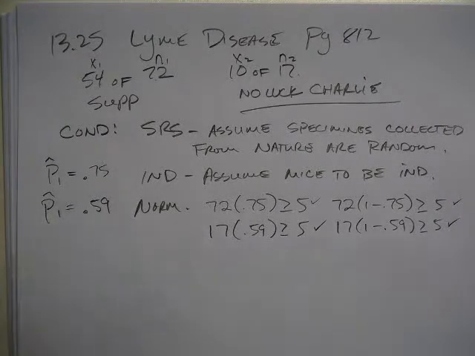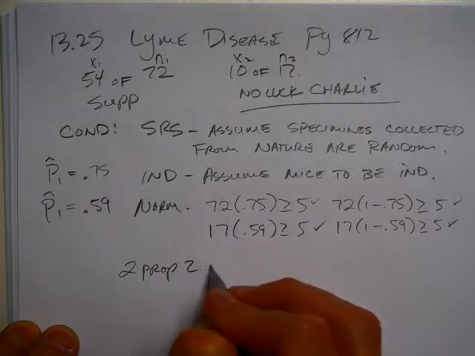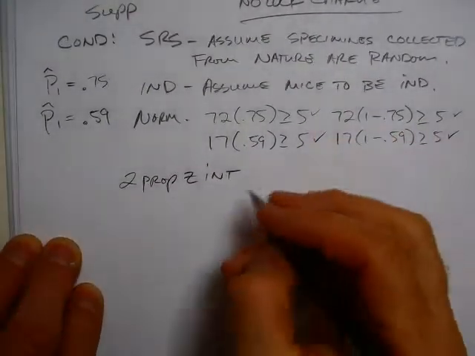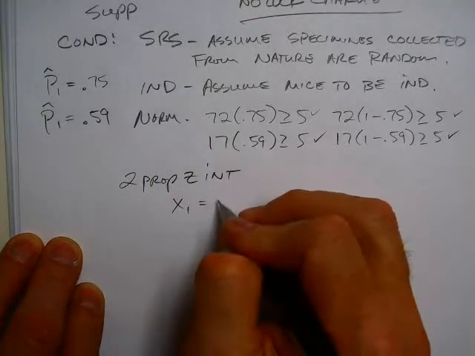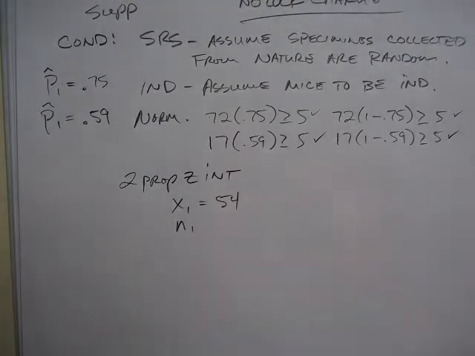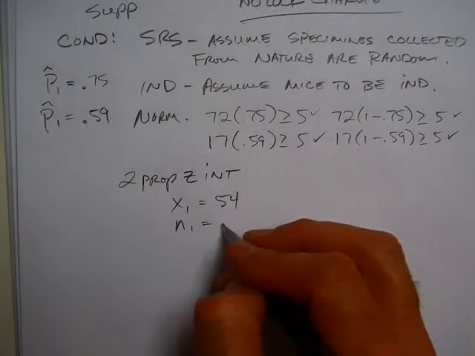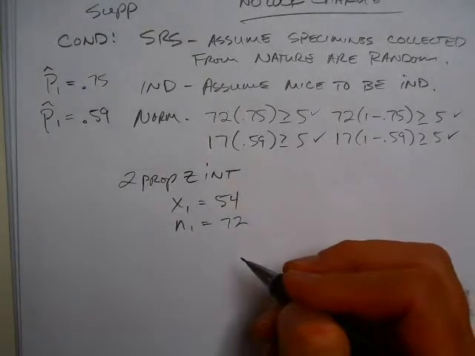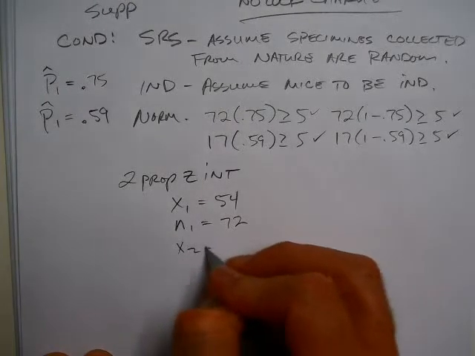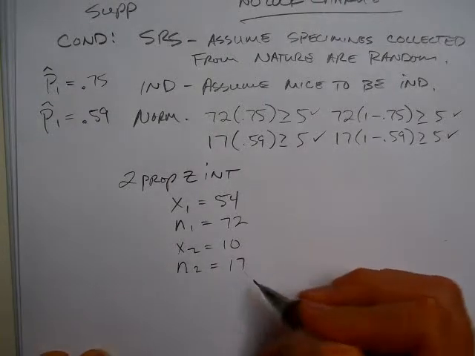So I'm going to say over here, 2 prop z int, and x1 is 54, n1, I'm sorry, oh yeah, no, it is 54. Something got changed, I'm looking at the calculator. 72, so I'm going to put those in. x2 would be 10, and n2 is 17.